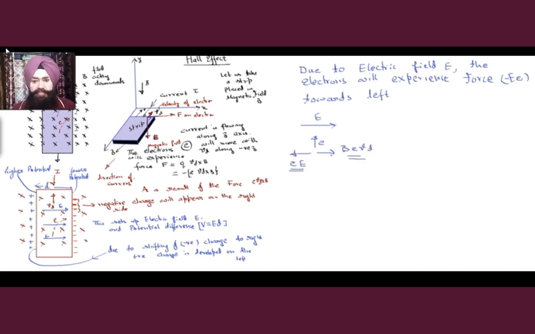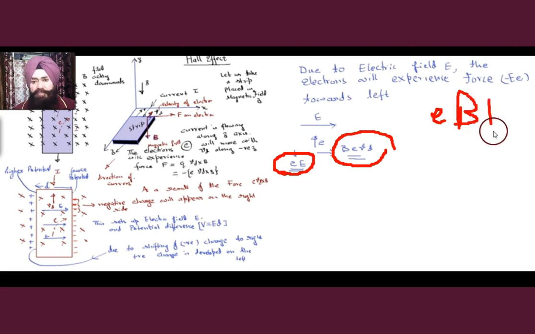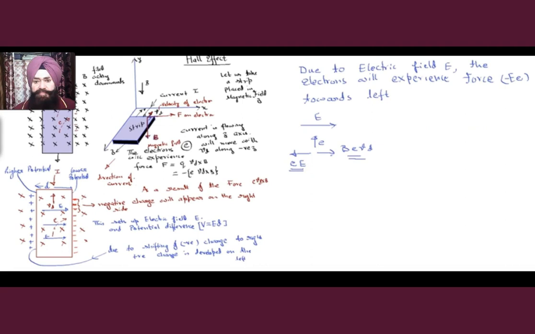When the two forces are balanced, the electric force is e into E, the magnetic force is e into B into Vd, the drift velocity. So equating the two, in equilibrium both are equal.